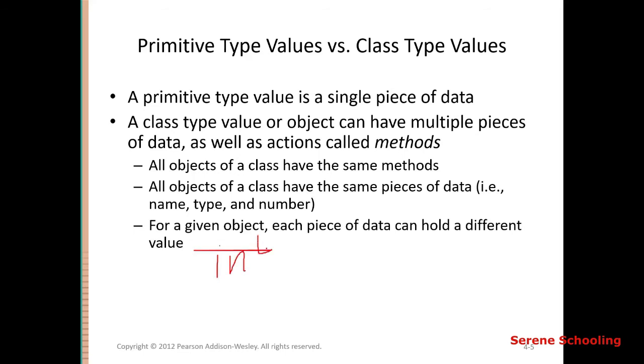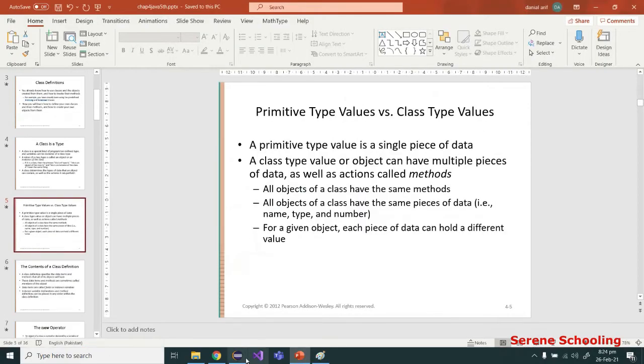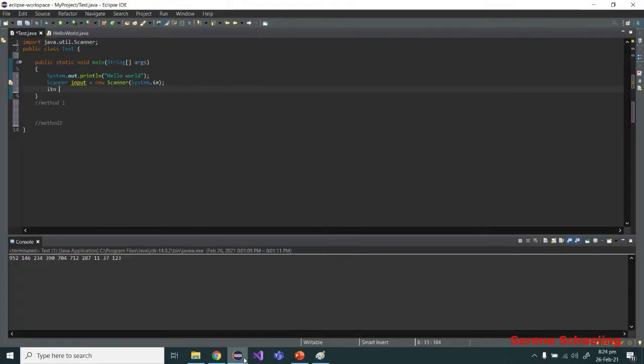Let me write it in our code. Suppose we have created an int variable. I'm going to call it data, and suppose it holds 12 for now. So this data variable will only hold one value. It can't hold more than one value. It can only hold one value at a time.